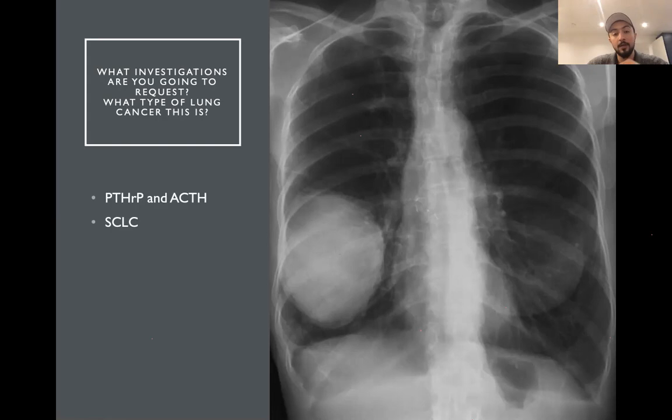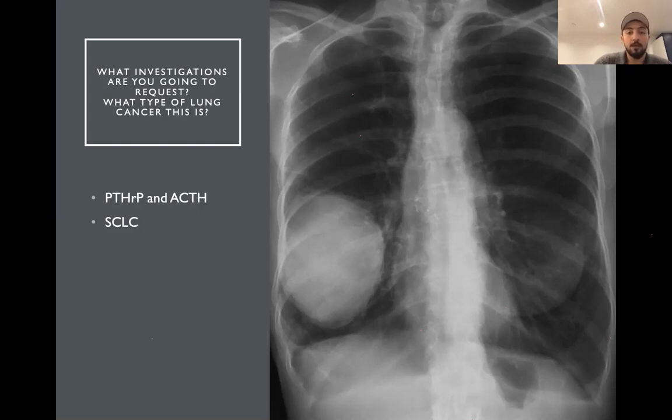As you know, parathyroid hormone causes your calcium levels to go up, so people with these small cell lung cancers may have hypercalcemia. Another hormone they release is adrenocorticotropic hormone, which causes Cushing syndrome, as you know as well. That's why you request these things as part of your investigation, because if you have high levels of these, then it's likely caused by a small cell lung cancer.